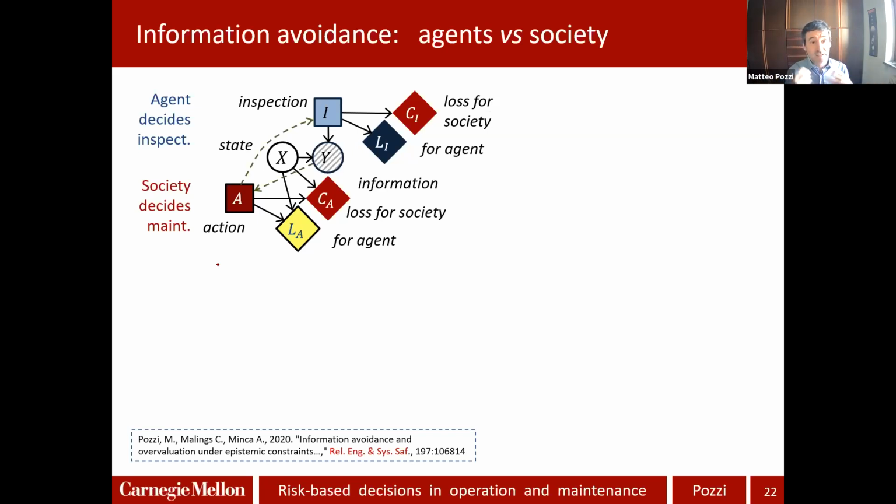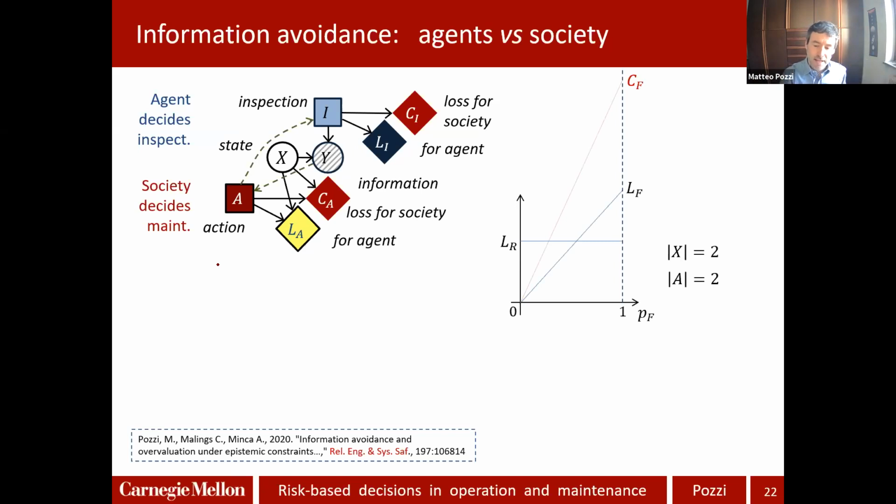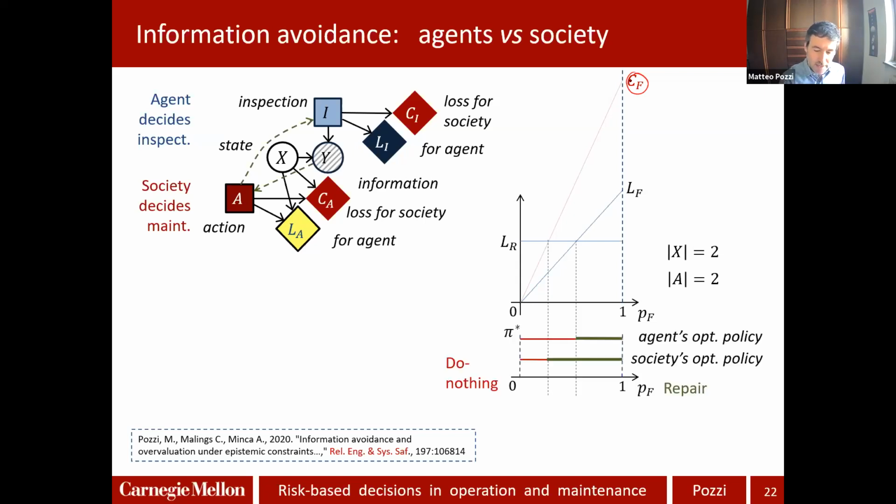Now, to understand this phenomenon, we have proposed this pretty simple setting where, again, there is an agent that is forced to obey an external regulation, let's say reliability-based regulation. For example, let's say that society has a very high cost of failure, and because of this, society forces a very stringent policy.